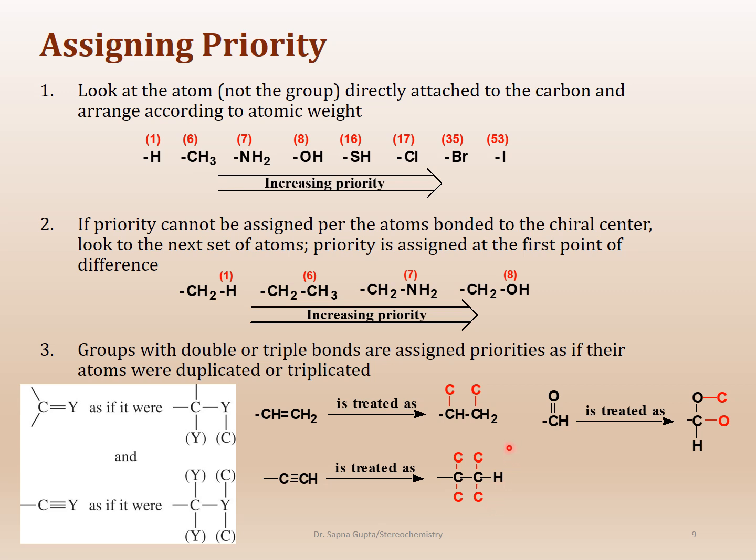So if you're looking at this carbon over here, and this carbon over here, this carbon now has a hydrogen, a carbon, and a carbon attached, whereas this carbon has a hydrogen, an oxygen, and an oxygen attached, which means that this group will have a higher priority than this one. So aldehyde will have a higher priority than an alkene. Now remember again that these are going atom by atom by atom, not group by group.